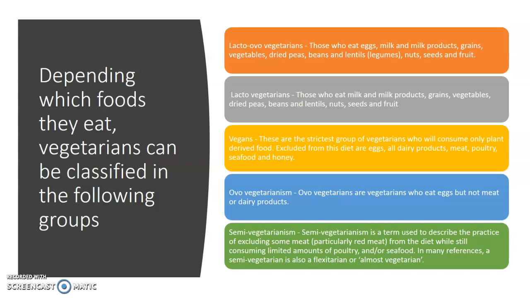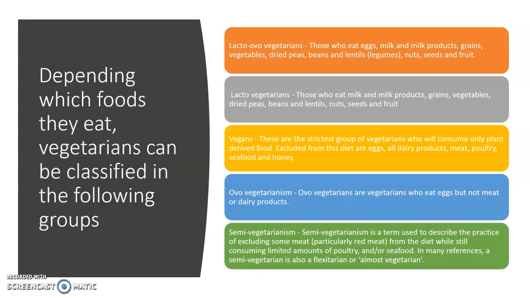So a lacto-ovo vegetarian will eat eggs, milk products, as well as everything else that a vegetarian will eat. So no meat, no flesh, but they will eat those dairy and egg products. A lacto-vegetarian will only eat the dairy products plus the usual vegetarian diet. And an ovo-vegetarian will eat egg products plus the vegetarian diet, but no meat or dairy products.